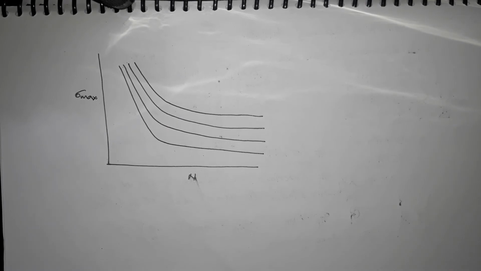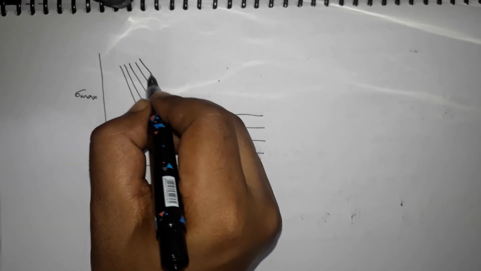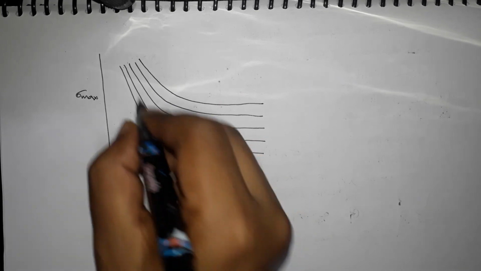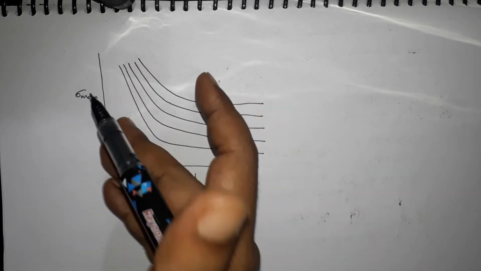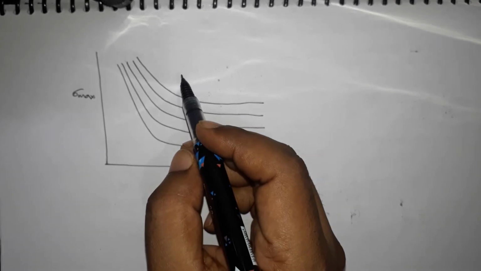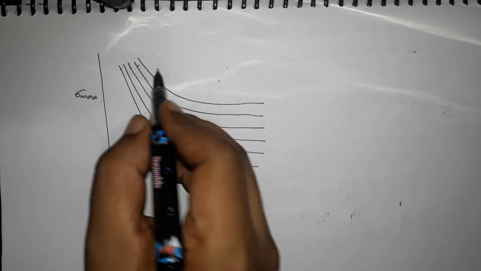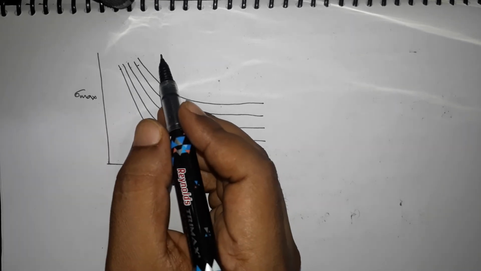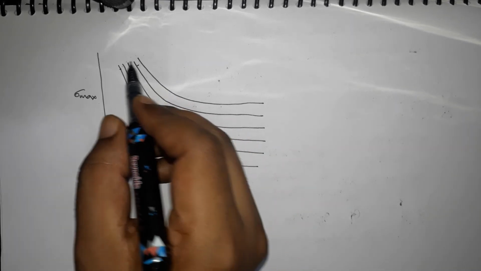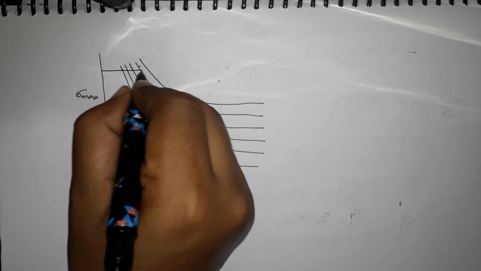Okay, and so let me draw one more. So now the middle one, you can have many more lines, but what we are doing is, let's say, 1 2 3 4 5 and more than that. So let's say we are doing 10 tests at each stress level.